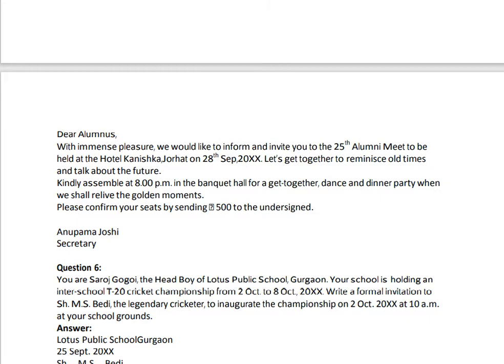Kindly assemble at 8 p.m. in the banquet hall for a get together, dance, and dinner party when we shall relive the golden moments. Please confirm your seats by sending rupees 500 to the undersigned. Anupama Joshi, Secretary. So the Alumni Association is sending letters to all the alumni for their meet.